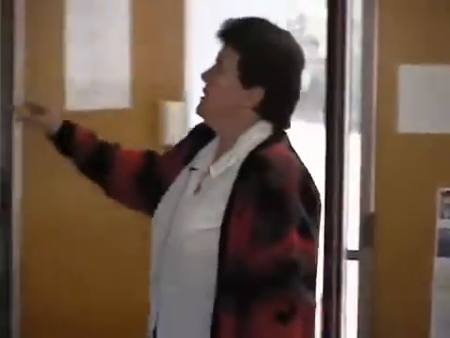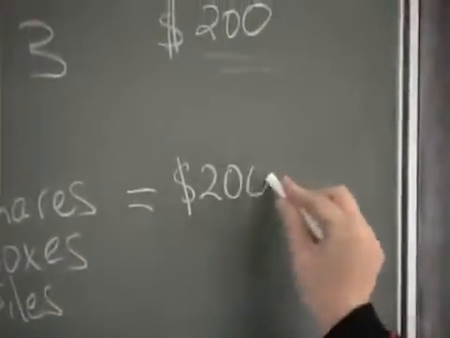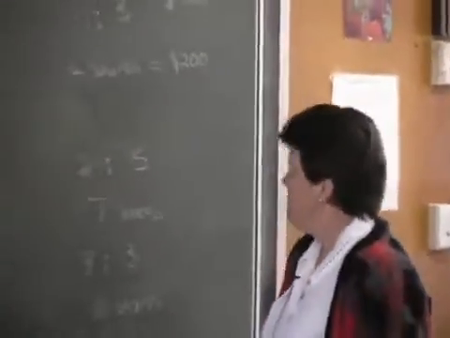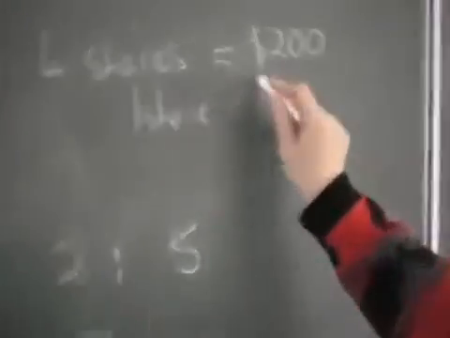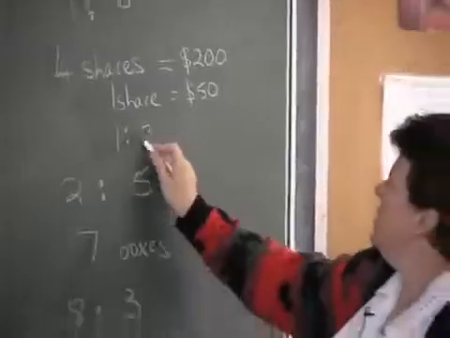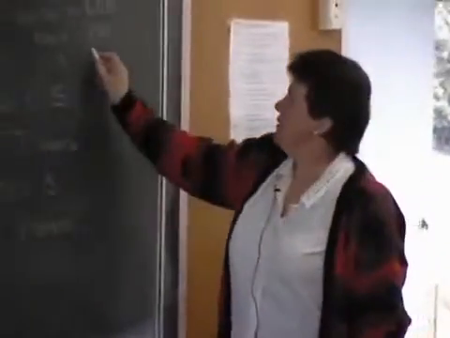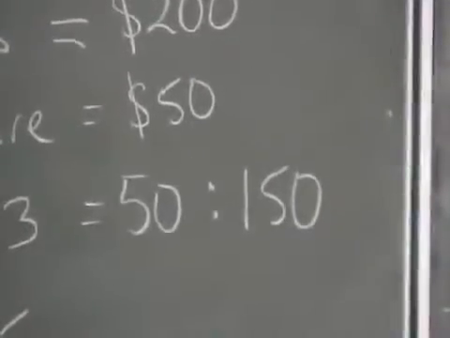Ashley? $50. So 4 shares is equal to 200, and so 1 empty box or share has 50. So the ratio 1 to 3 will equal 50 to 150.